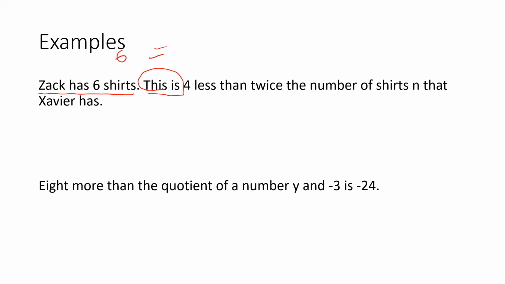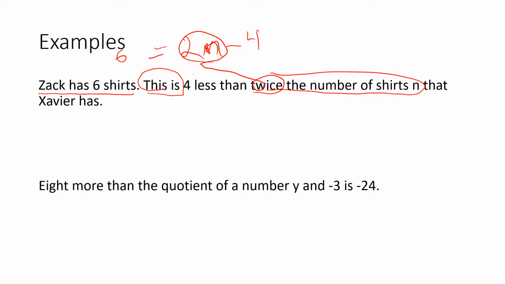So Xavier has n shirts, and 6 is 4 less, minus 4, than twice the number. So 2 times n is the twice the number part, and the 4 less is this part here. So again, we're going to write this as 6 equals 2n minus 4.